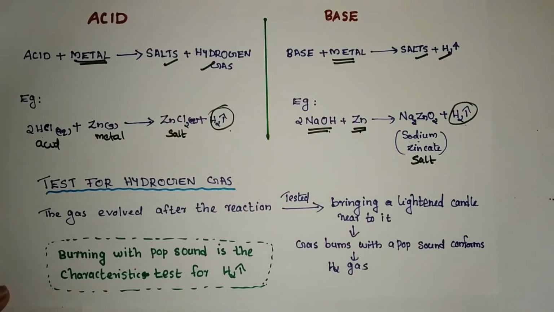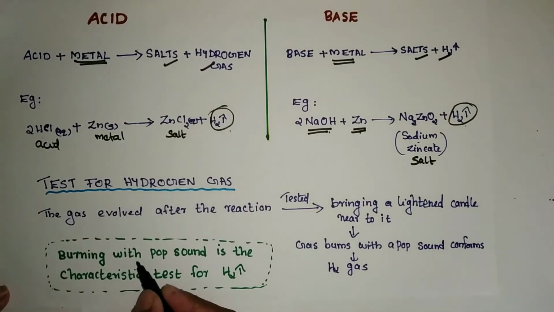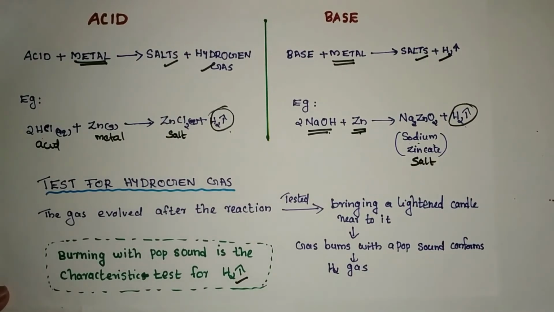If the gas evolved is hydrogen, it burns with a pop sound. If it happens, we can identify that the gas produced is hydrogen. Hydrogen is highly inflammable. If it does not happen, we can recognize that hydrogen gas is not produced. So burning with a pop sound is the characteristic test for hydrogen gas.